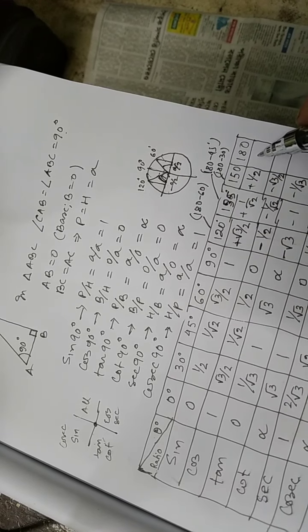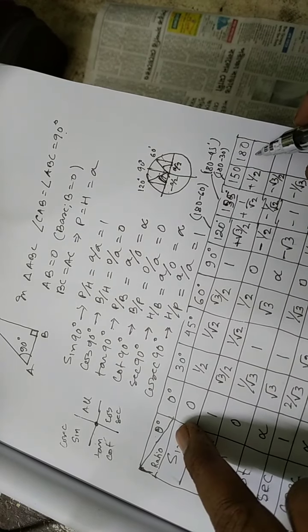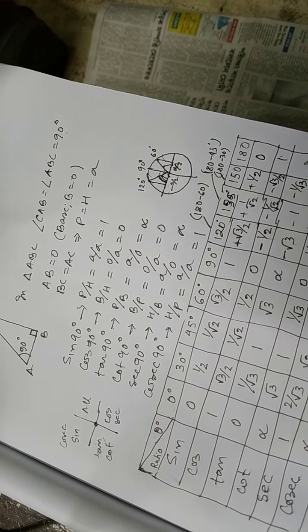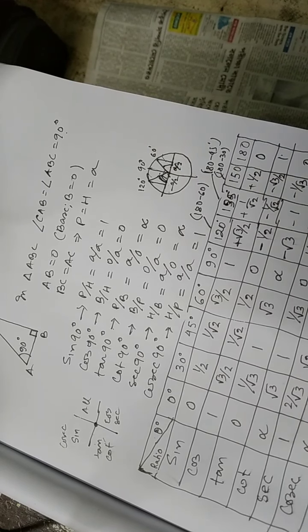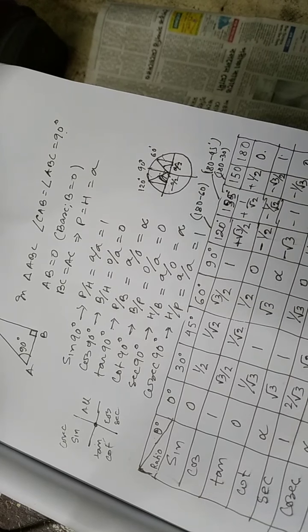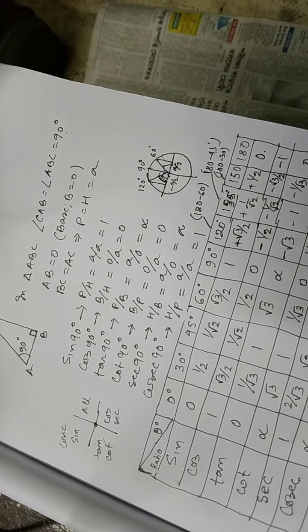For 180 degree, go to 0 degree: 0, 1, 0, infinity, 1, infinity. Again this is positive, infinity or undefined is neither positive nor negative, but this is positive, and 0 negative has no meaning.